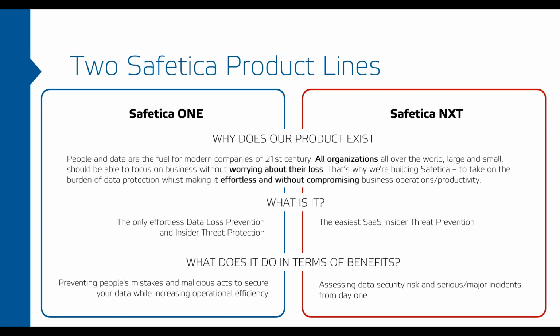On the other hand, Safetica Next is for customers who prefer cloud solutions, speed, and modern technologies such as machine learning, which are present in Safetica Next. So Safetica One and Safetica Next are completely different products for a little bit different types of companies.